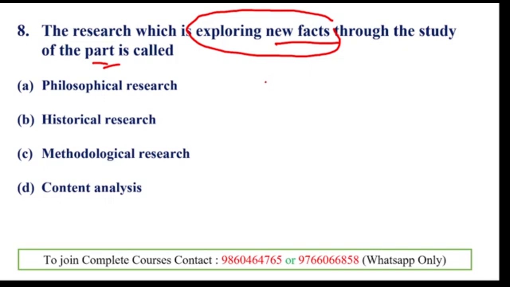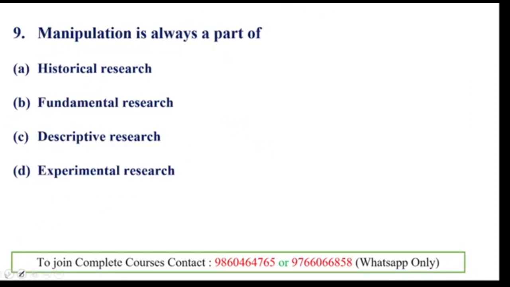So after the prior knowledge you will explore something new. So that's a historical research. Historical research is not only the past event but also to explore the new facts through the past events or the past part of knowledge. Clear? So it's also a factual one.